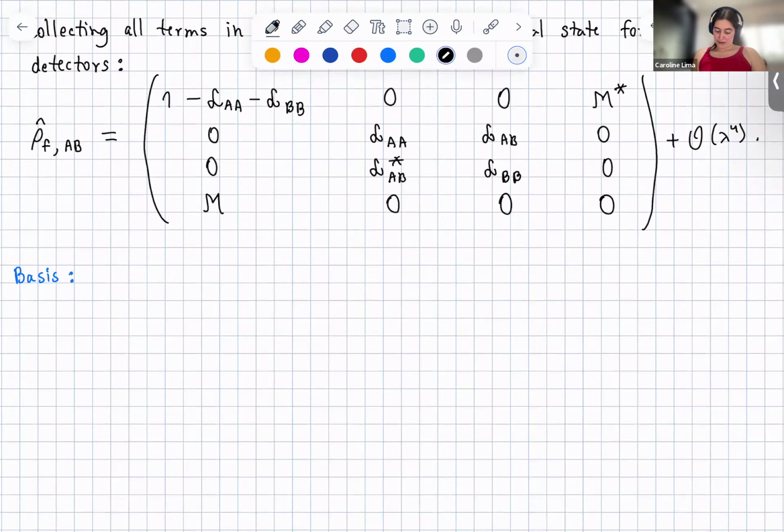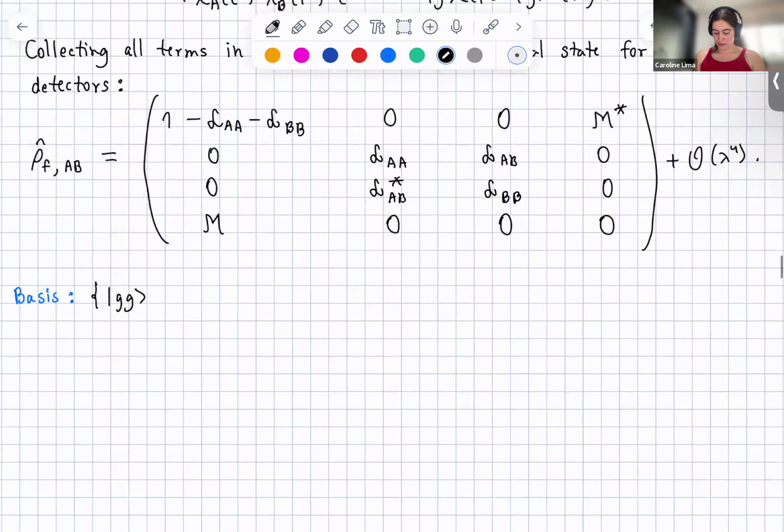Here I'm implicitly assuming that you know that there's a tensor product between those. So I have GG, EG, GE, and EE. That is the order of the basis that I chose.